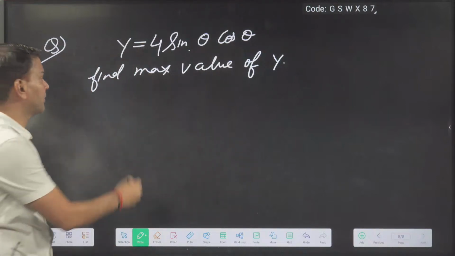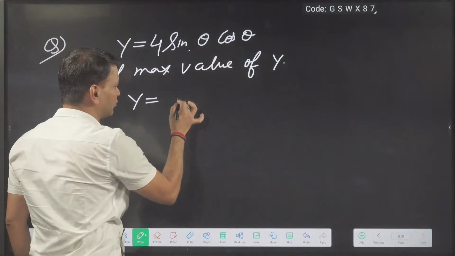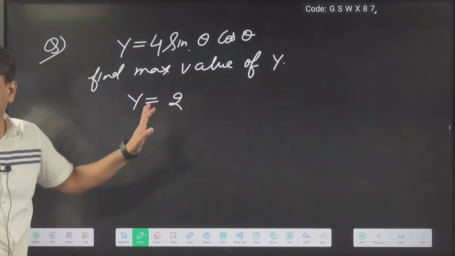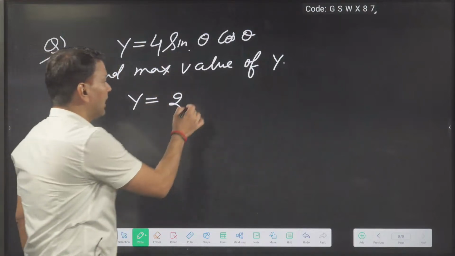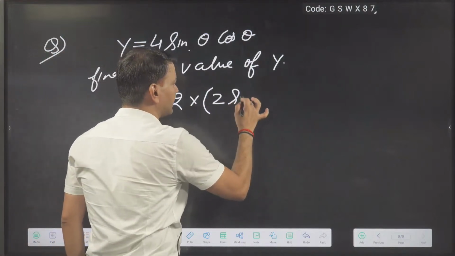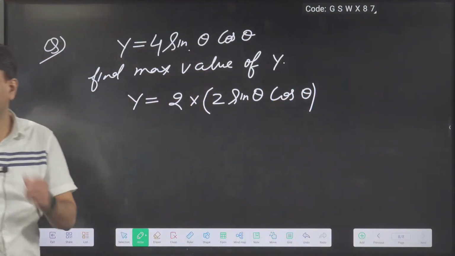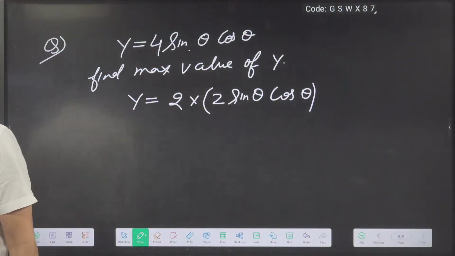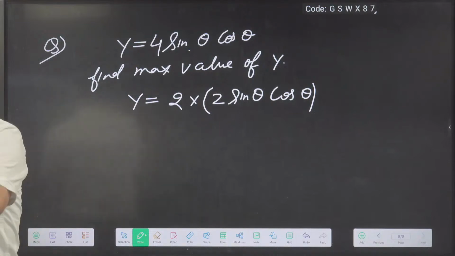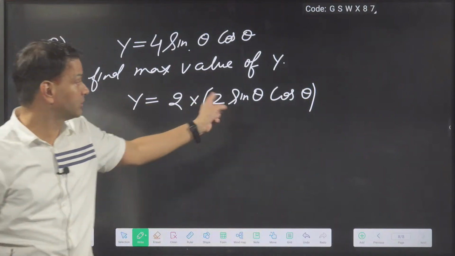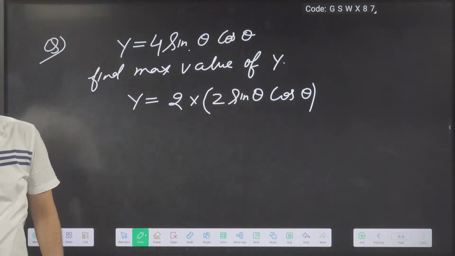So when I see sine theta cos theta in the product, I will think of the formula of sine 2 theta. Then what I can write here now, y is equal to 2. I separate the 4, I am writing as 2 into 2 sine theta cos theta. Now 2 sine theta cos theta, we know the formula of sine 2 theta. 2 sine theta cos theta, what I got? Sine 2 theta.